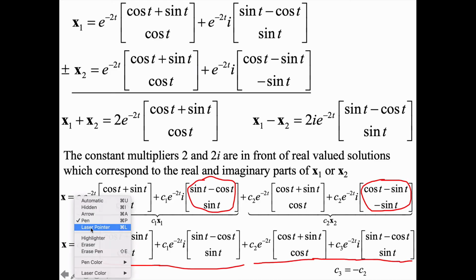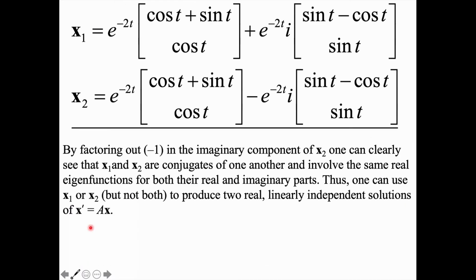So that's why textbooks often say, look, by factoring out that -1 and the imaginary component of x2, you could clearly see that x1 and x2 are really conjugates of one another at first, and then they involve the same real eigenfunctions for both their real and imaginary parts.